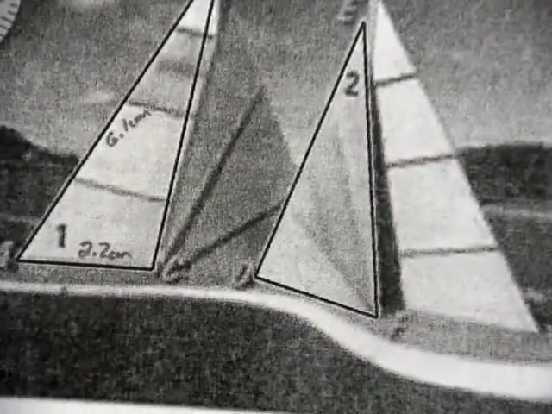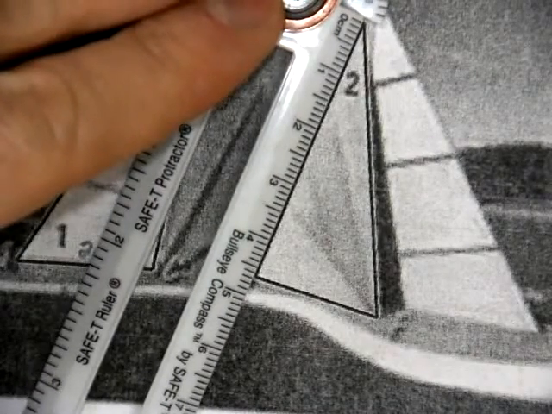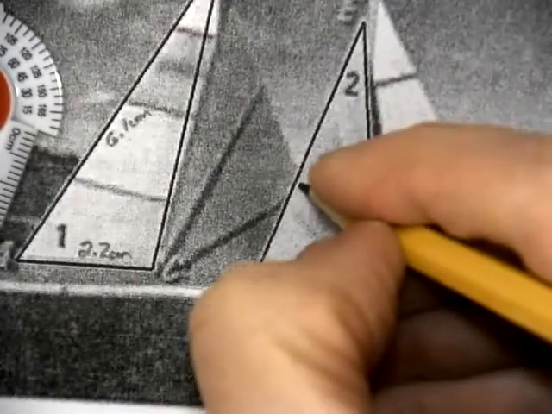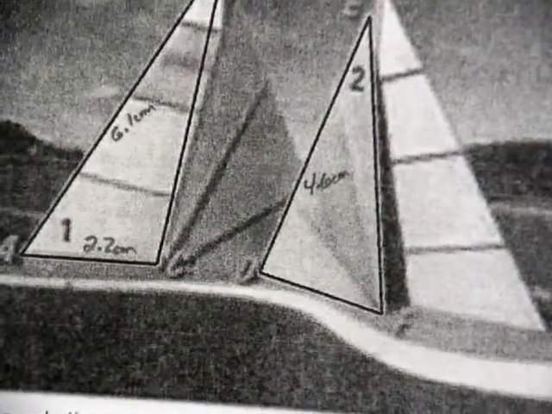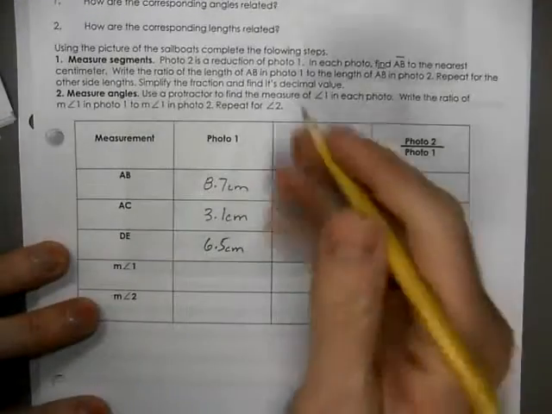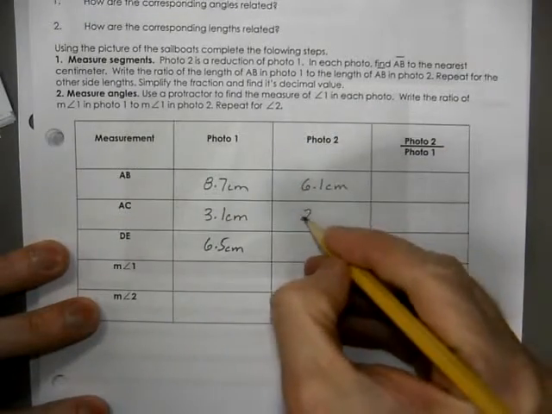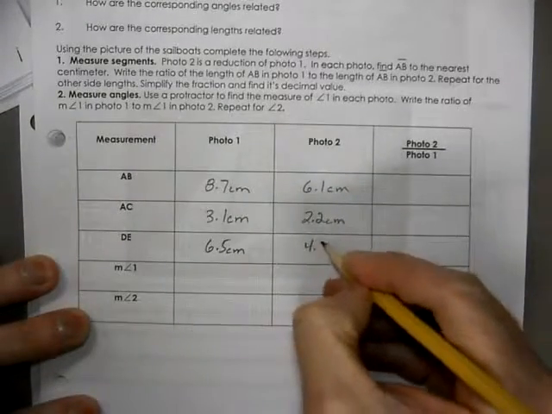And DE is about 4.6. So, back on the first page on the table, we have 2.2 and 4.6.